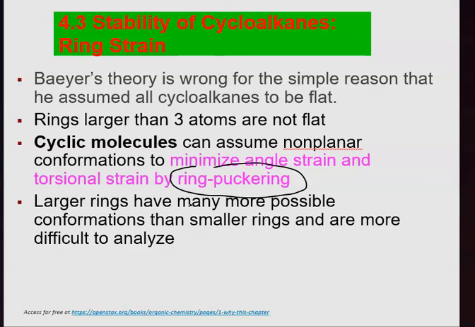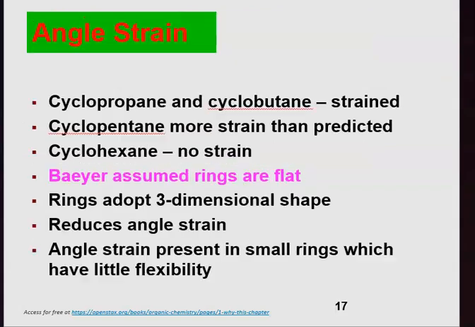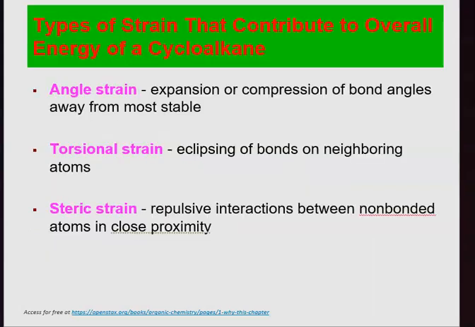As the number of atoms increases, they have more possible conformations where they try to minimize the strain. So cyclopropane and cyclobutane are strained, which was as predicted, but cyclopentane has a little more strain than cyclohexane, and to reduce the angle strain, they do this puckering.